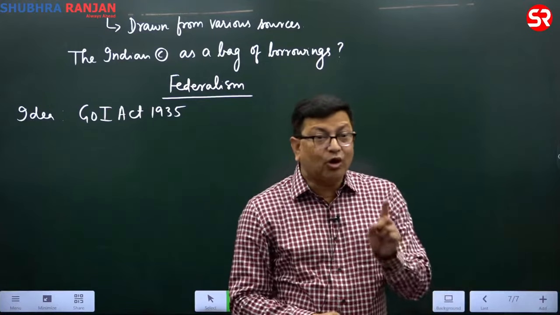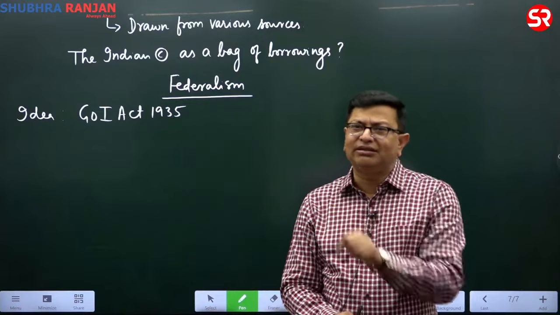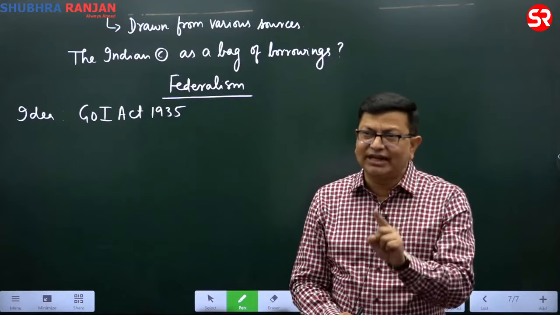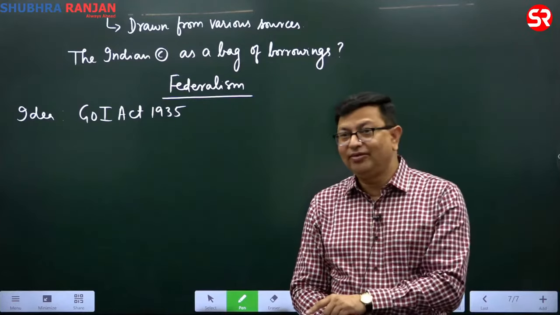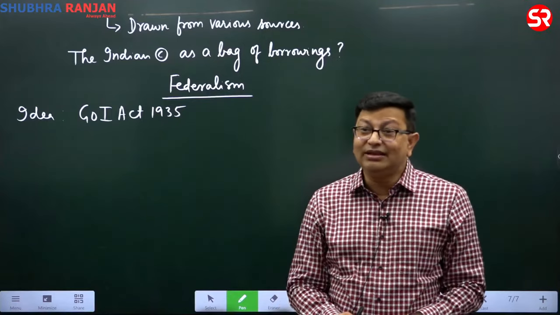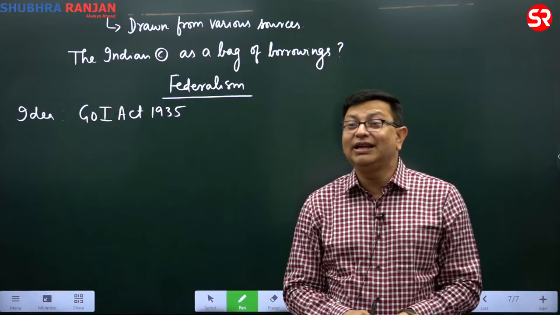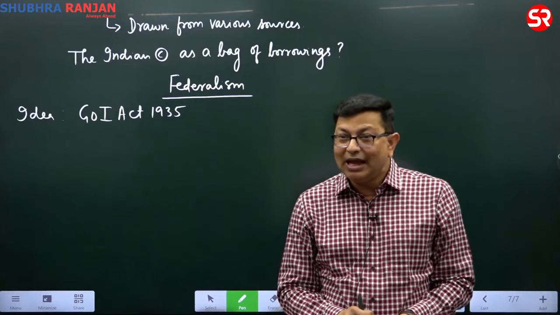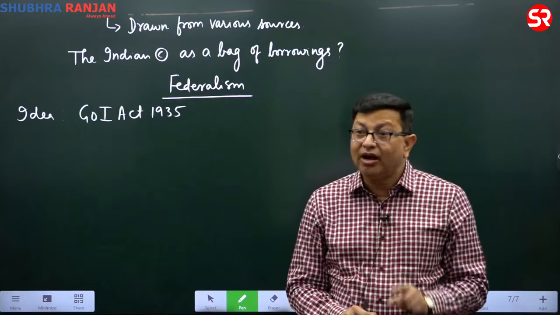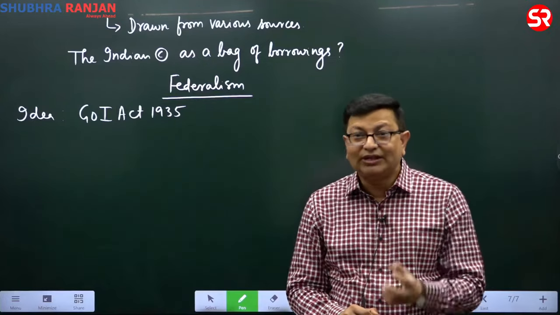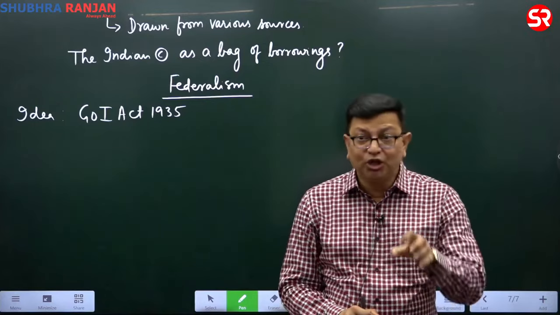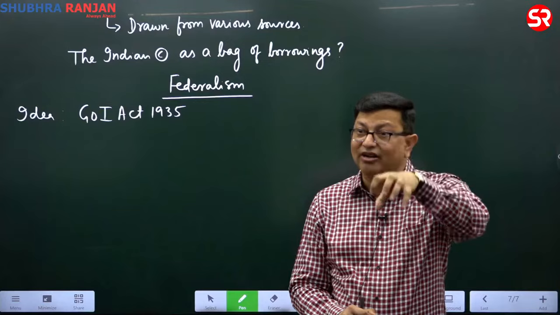So, our constitution makers started searching for a model that in a diverse country, what type of federalism will be good. Then they came across the Canadian Constitution. And the Canadian Constitution provides for a federal system with a strong central government, because where there is diversity, you require a very strong central government.